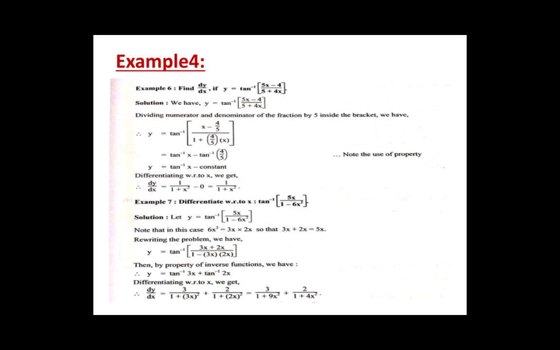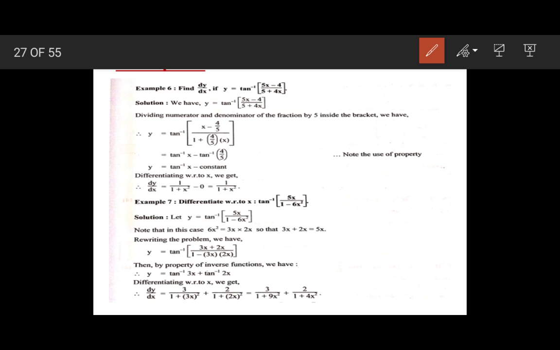Find dy upon dx if y is equal to tan inverse (5x minus 4) upon (5 plus 4x), right? So first what I am going to do is divide the numerator and denominator both by 5. If I divide, then what I will get is the numerator as x minus 4 upon 5 and the denominator as 1 plus 4x upon 5.